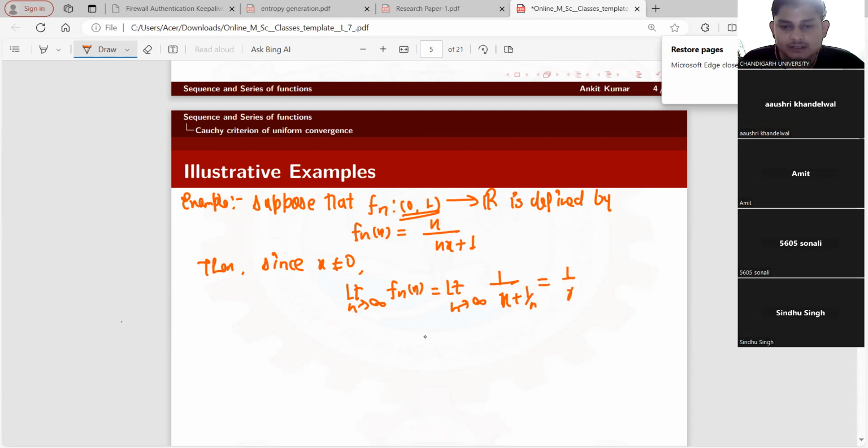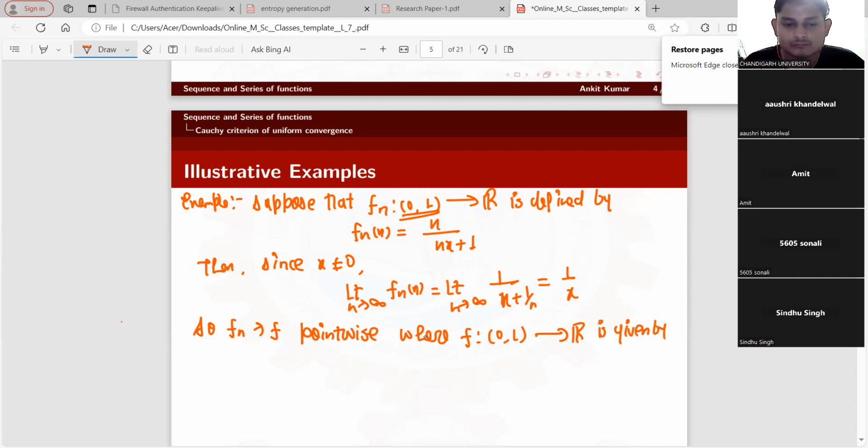So this is 1 by x. So fn tends to f pointwise, where f from (0, 1] to R is given by f(x) = 1 by x.